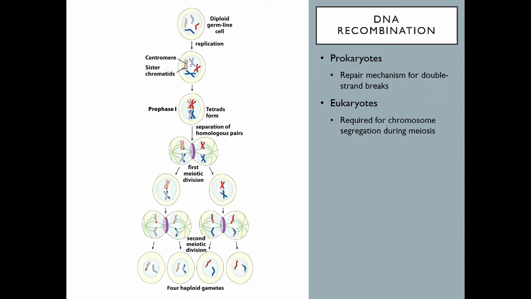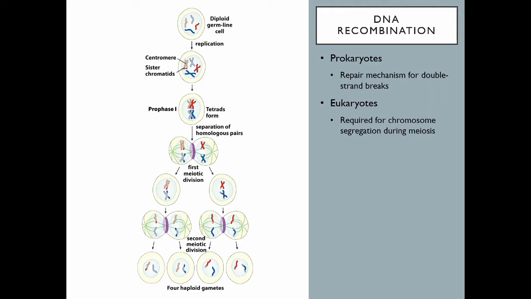Meiosis, you probably know, only happens in eukaryotes, or in organisms that have 2 sets of chromosomes. It's the process of making gametes, which are cells that only have 1 set of chromosomes, and these are the sex cells. So in the formation of gametes, you start with a germline cell, which is diploid, which means it has 2 sets of chromosomes.